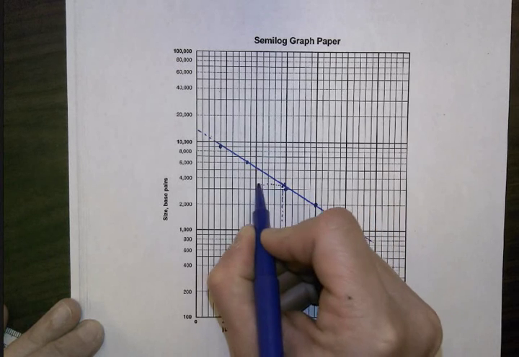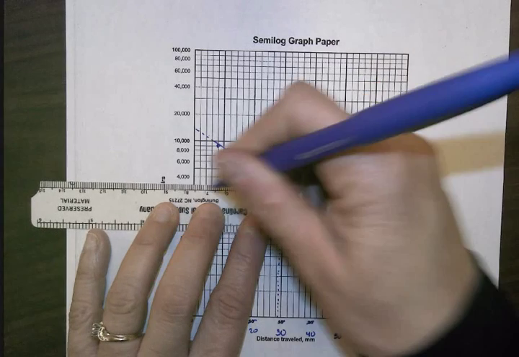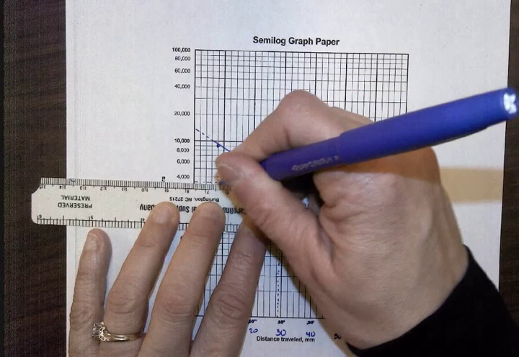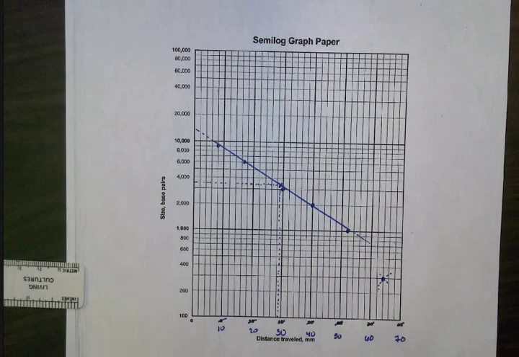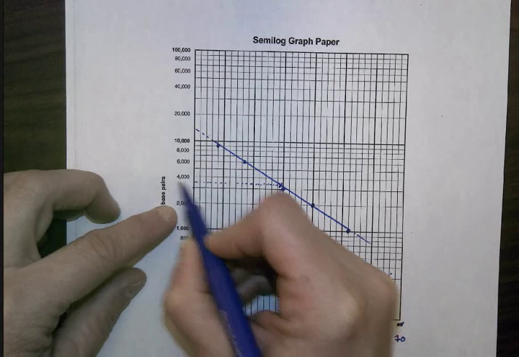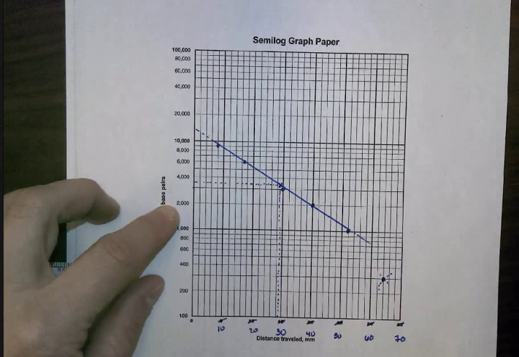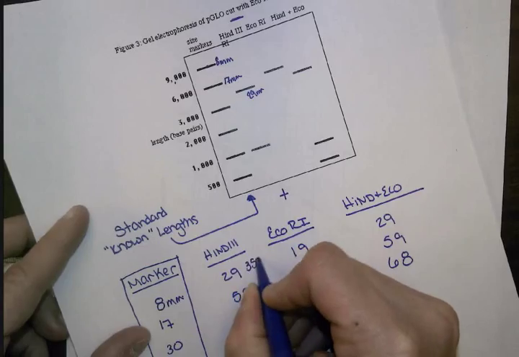Could use a ruler. I think that's straight. All right, so it's about straight. And we see that here's 2,000. This is 3,000. We're about halfway through. So we're going to say it's about 3,500 base pairs long. Okay.